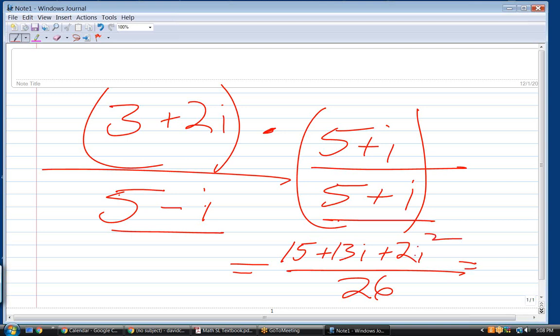And what does that numerator turn into? Remember, i squared is negative 1. So whenever you see an i squared, cross it out, put parentheses around it, and put a negative 1 in there.